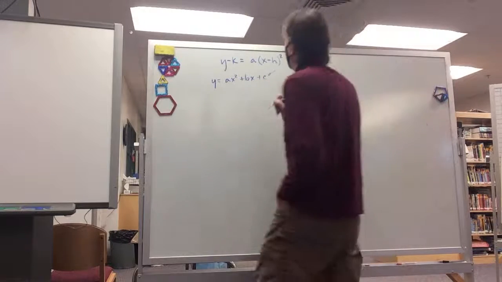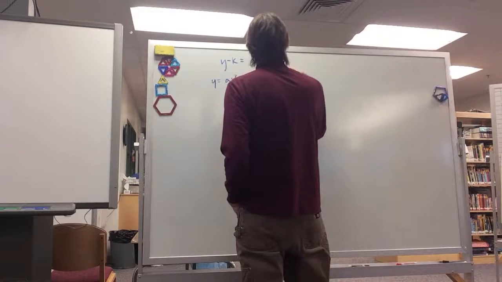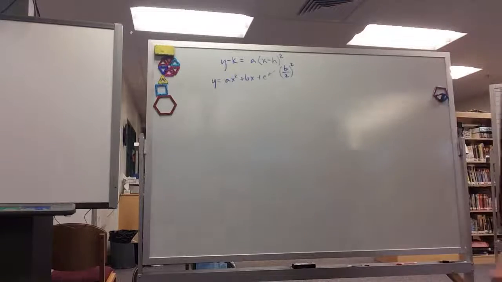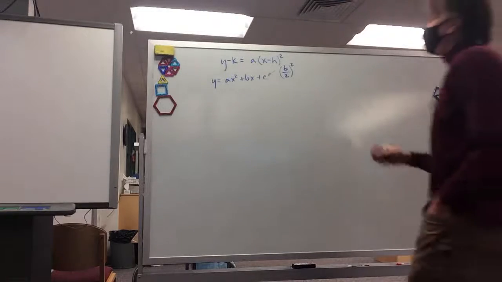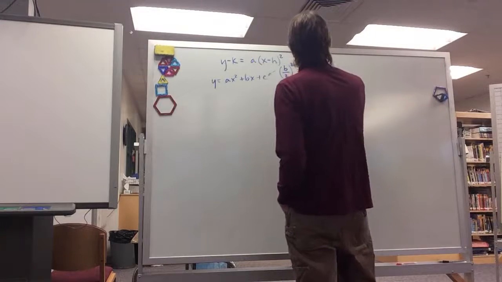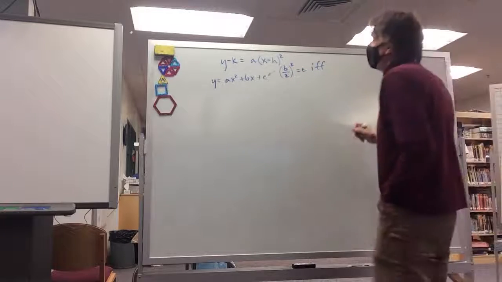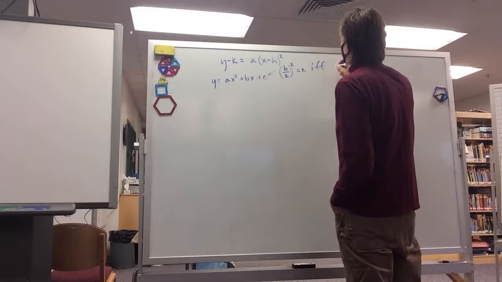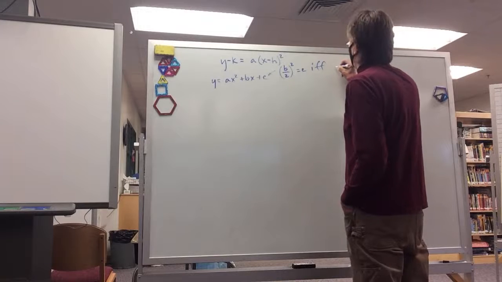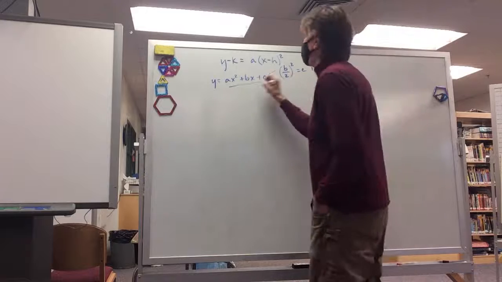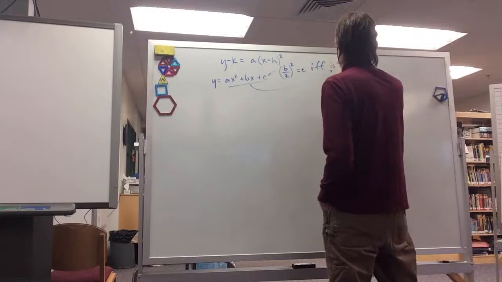B over 2 squared. Yeah, B over 2, quantity squared. So it's half of the B value squared. So that will be equal to C if and only if this is a perfect square.